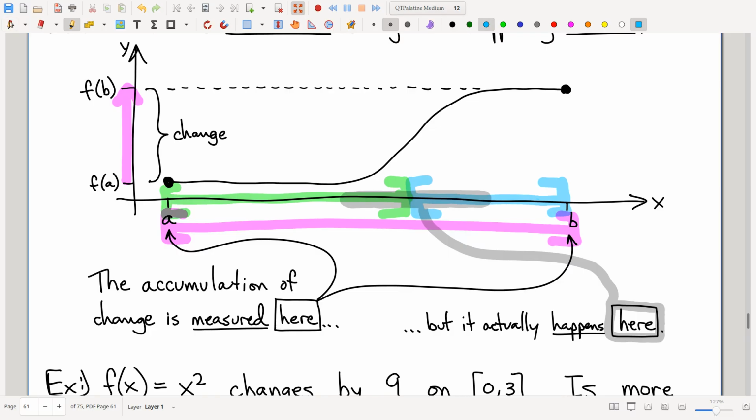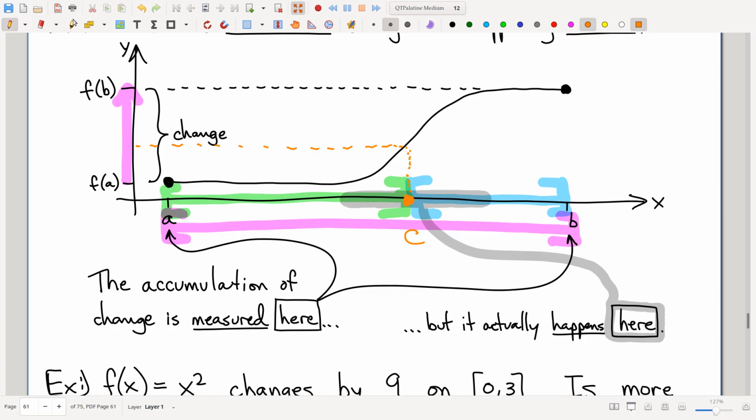Just as a visual aid, I'm going to look at this point C sandwiched in between them, so I can make reference to what the value of the function is there. Okay, so is green plus blue equal to purple?